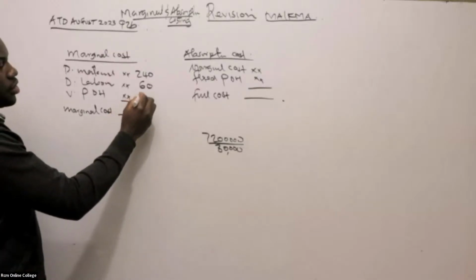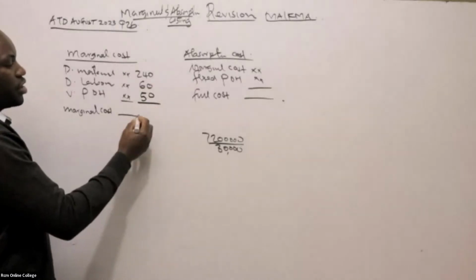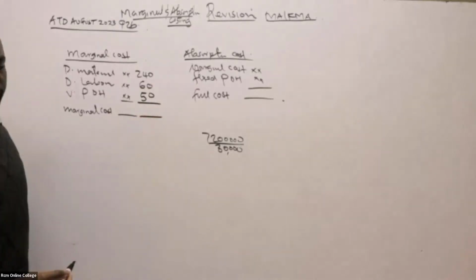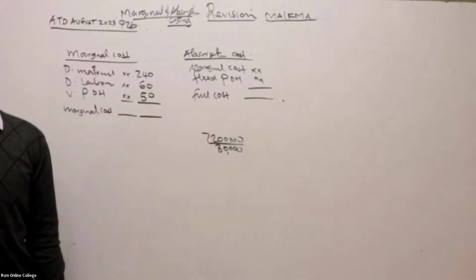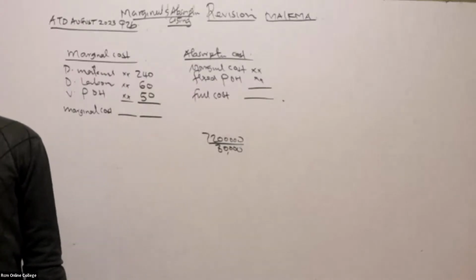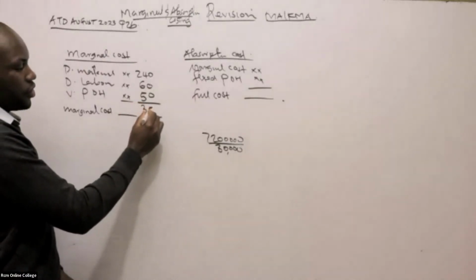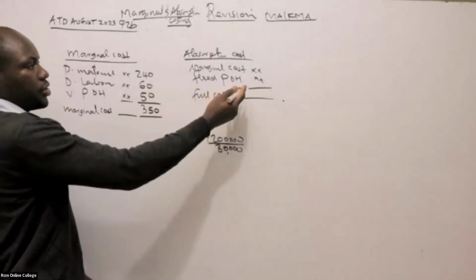It will give us 50. So when you add all the three, you get what we call marginal cost. So what is our marginal cost? 350.